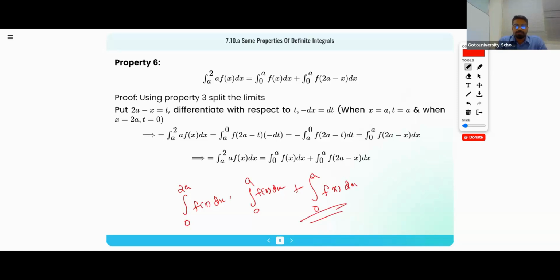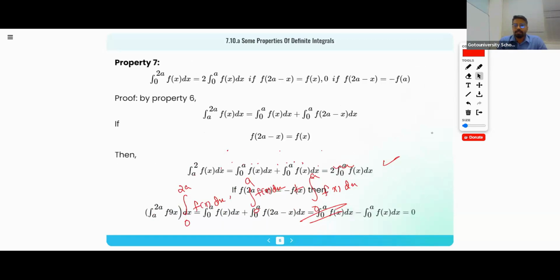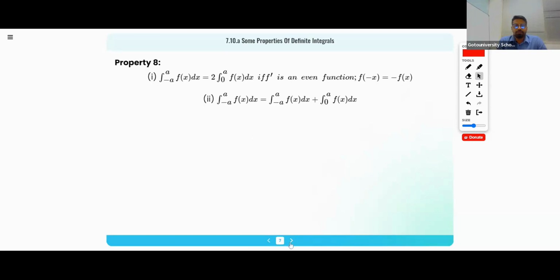Please try to remember these theorems. It's coming from the previous property. I'm just taking a quick review of all these properties.